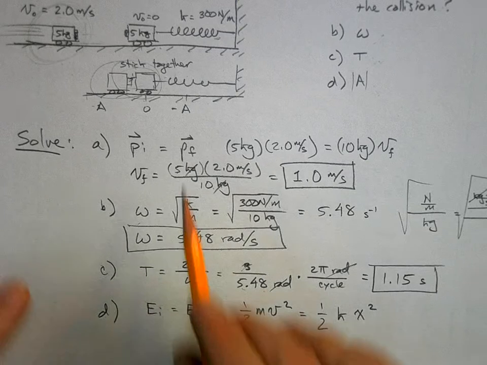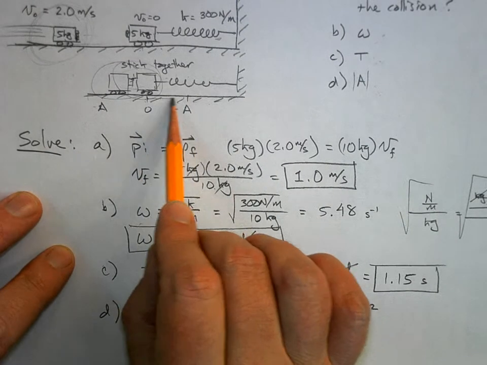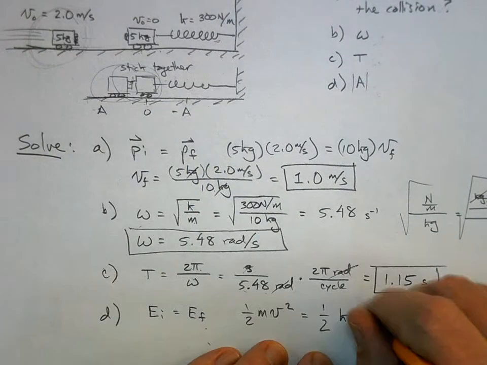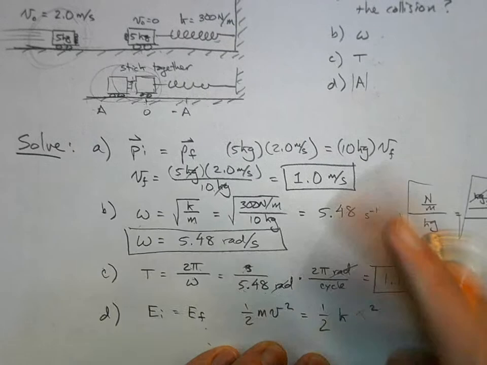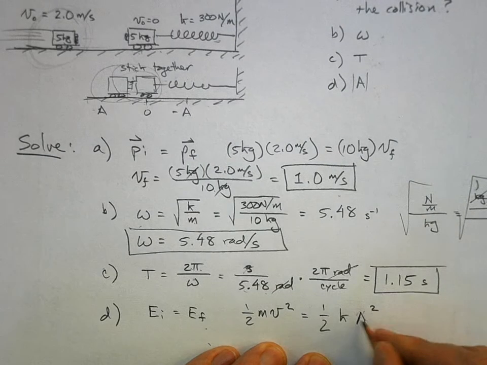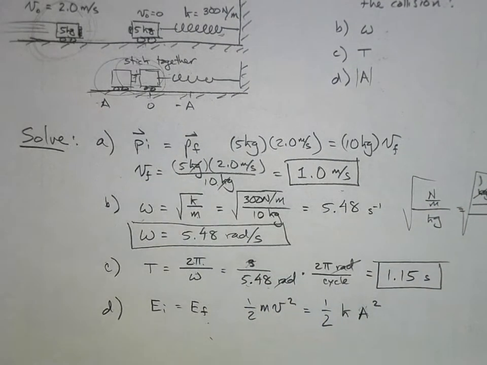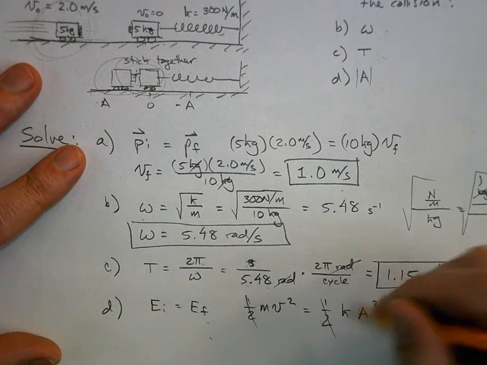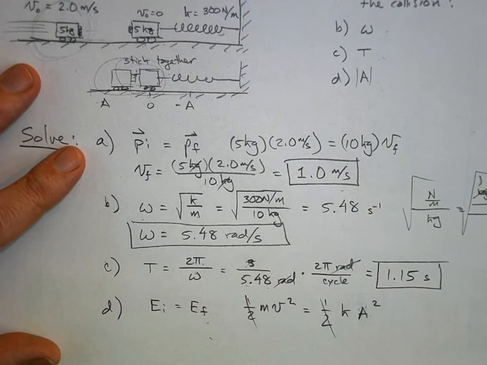But really, since x is at its maximum, instead of x, I'm going to erase that x and call it A for amplitude. And that's what we're going to solve for.